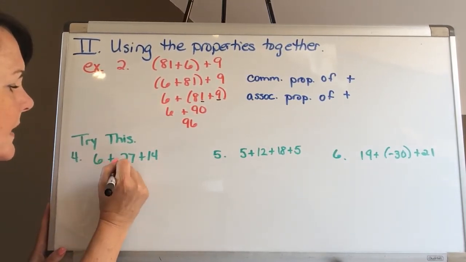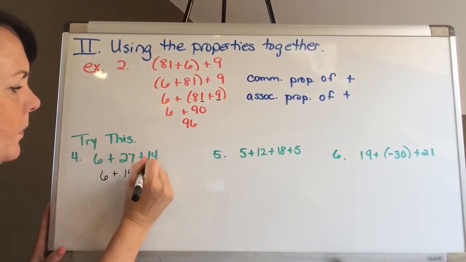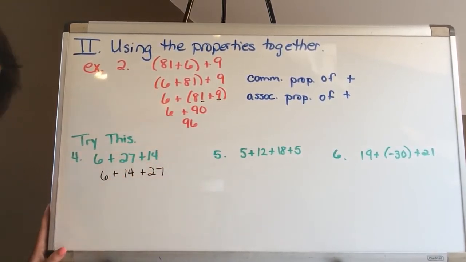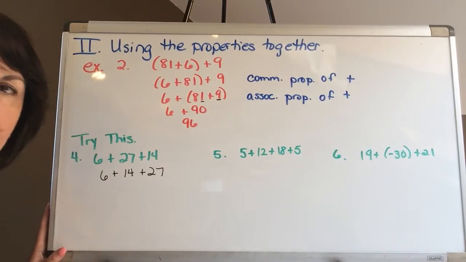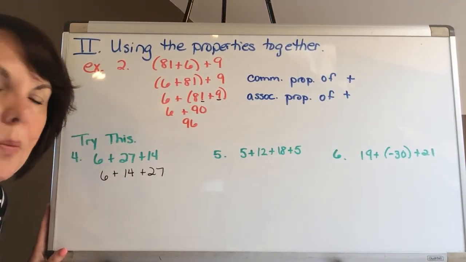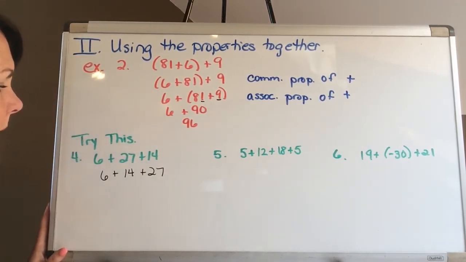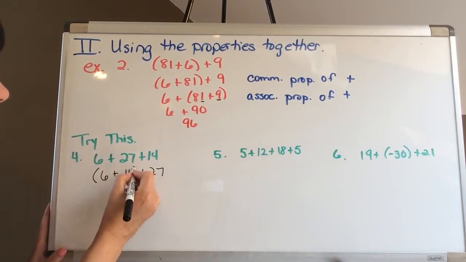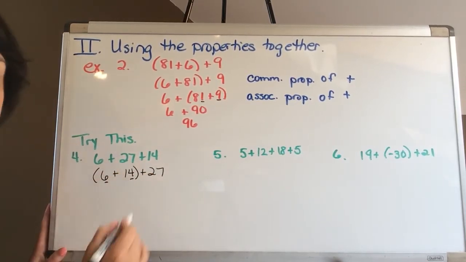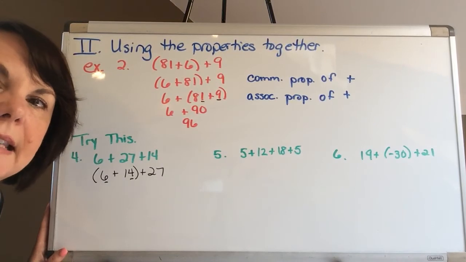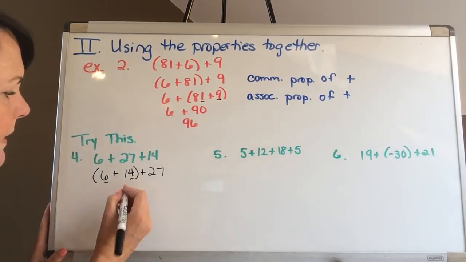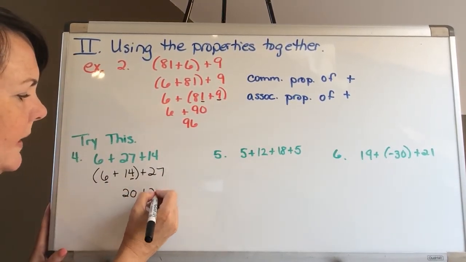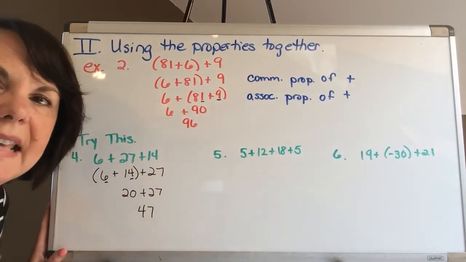Well, I want to think about this differently. What did I do? I changed their order. The commutative property with respect to addition allows me to do that. Now, I want to add these because, again, they build a 10. That's the associative property. 6 plus 14 is 20, plus 27 is 47.